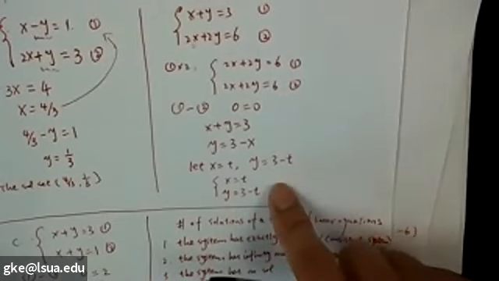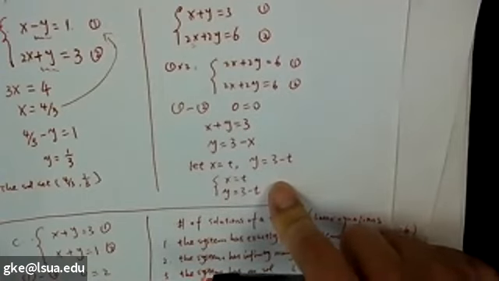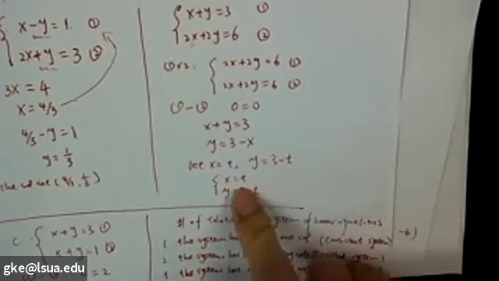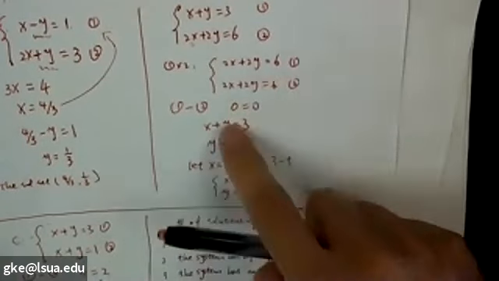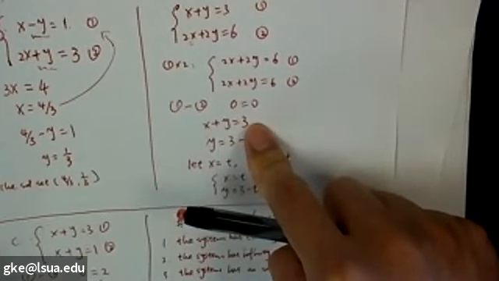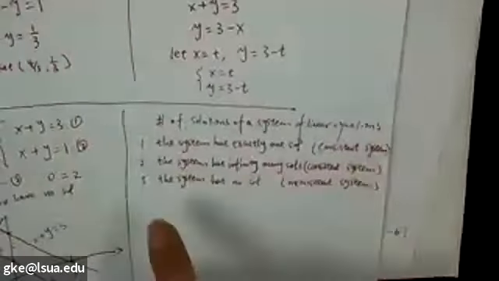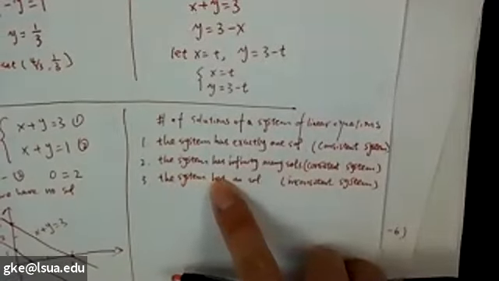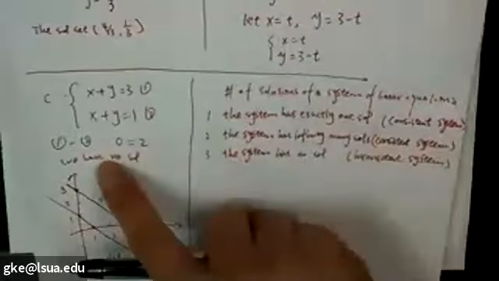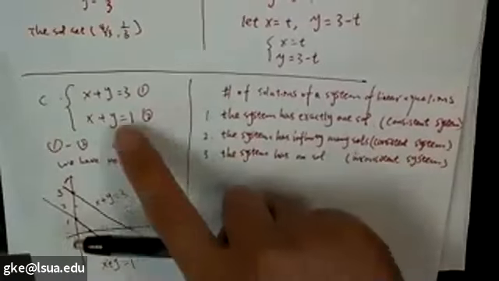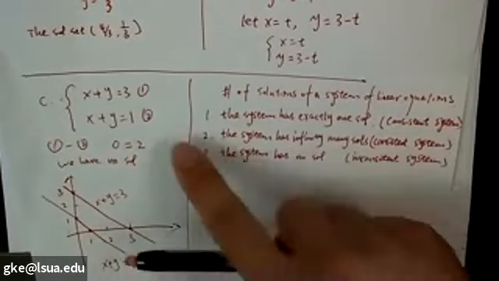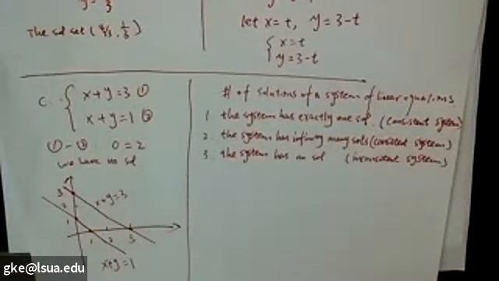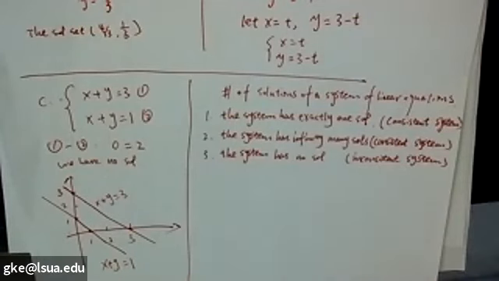Since t can be any real number, we have infinitely many solutions. And for the third case, the system has no solution. The third example gave us no solution. That means these two lines are parallel, right? That's it. Clear?